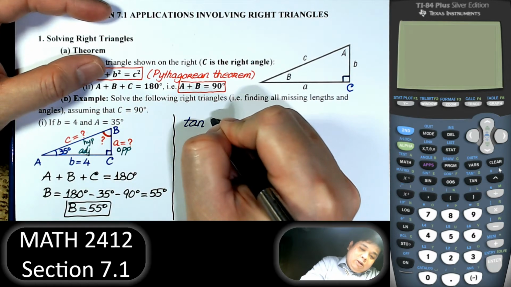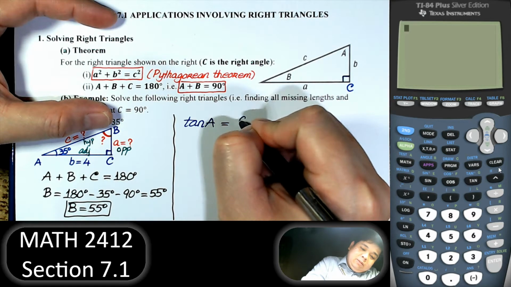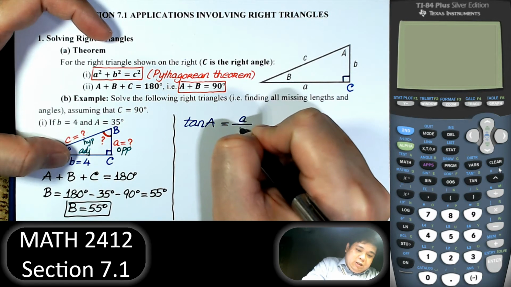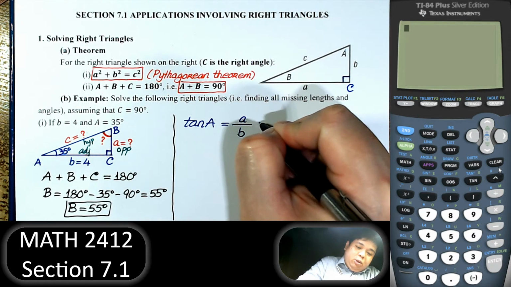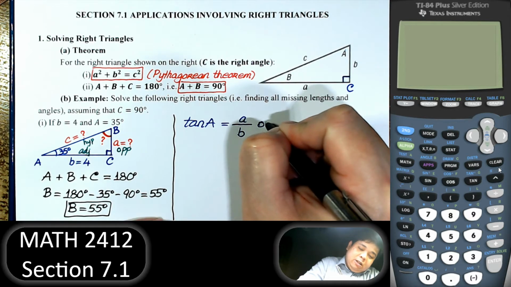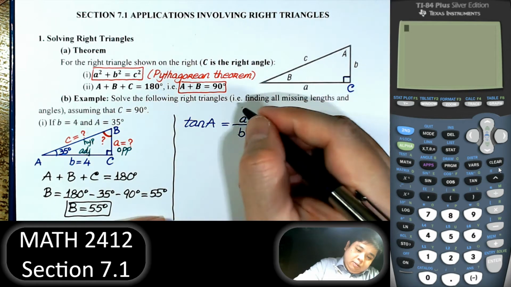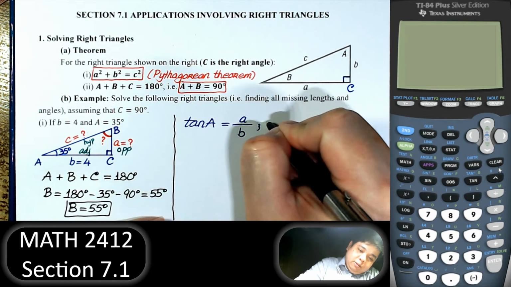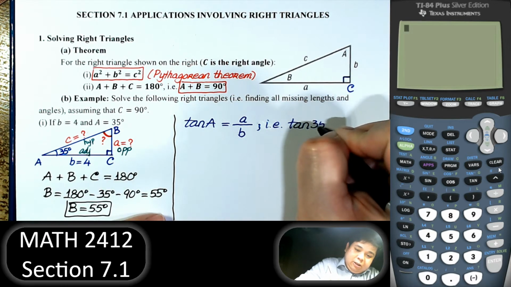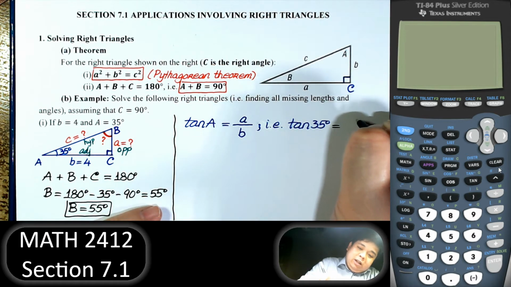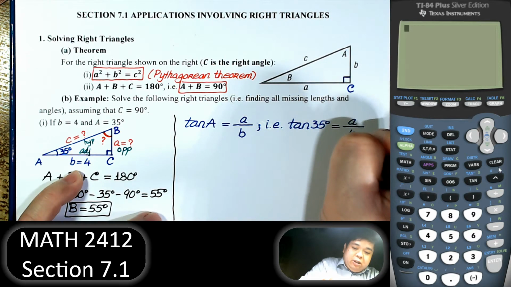Tangent of angle A is equal to opposite over adjacent, which means tangent of 35 degrees equals a, the opposite, which we don't know, over the adjacent, which is 4.